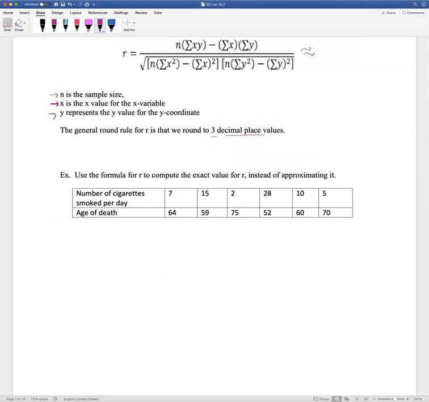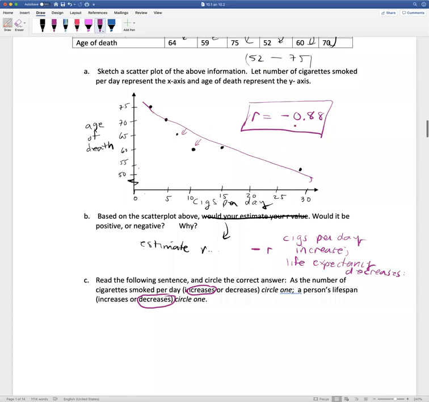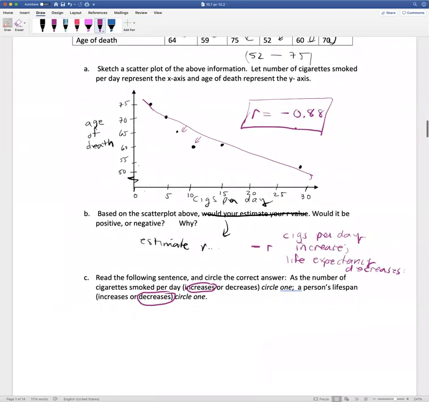As we saw before, you can graph these ordered pairs and approximate what R is. For this example, my approximation was R is approximately equal to negative 0.88. That means approximately equal to, not exactly equal to. Now we're going to figure out the exact value.